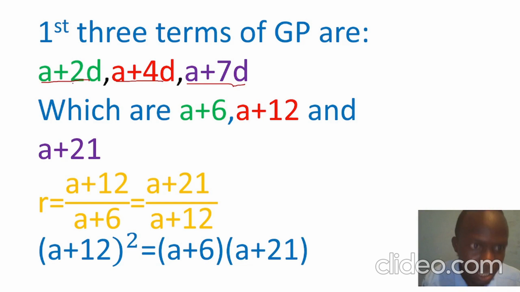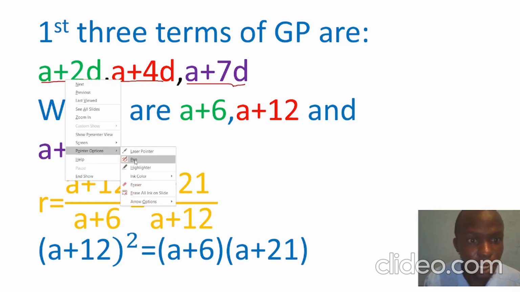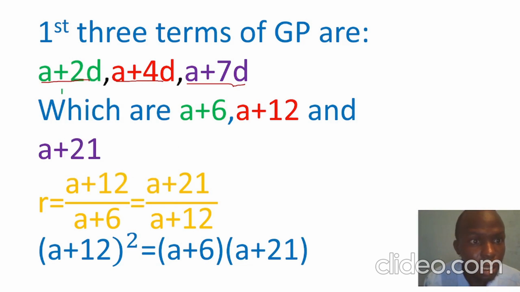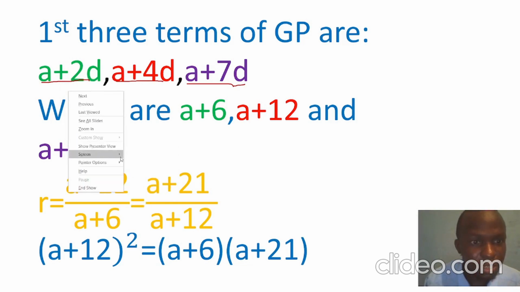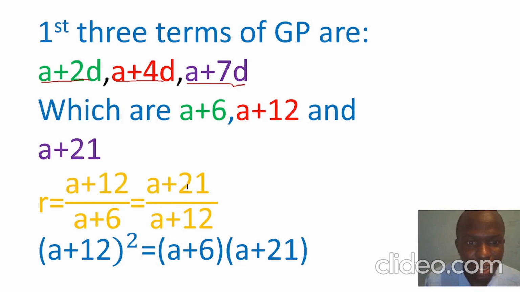Bear in mind this expression here. Let me use a highlighter to highlight, in a different color that I think I haven't used. But even black is a color. So that is the third term of the AP.